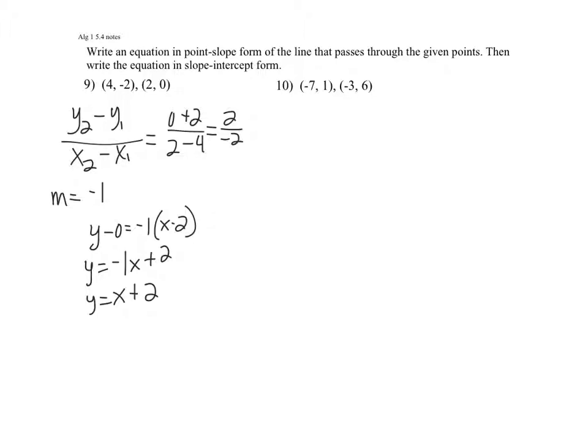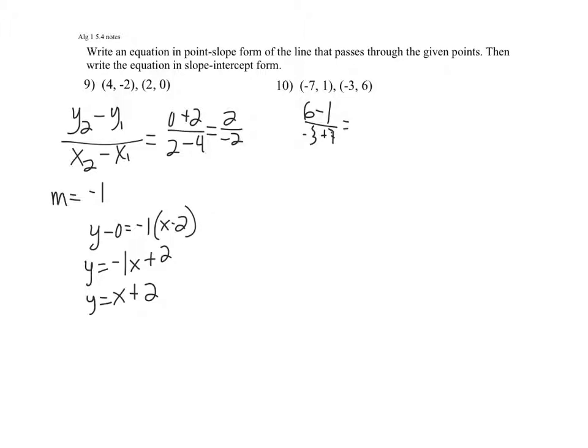All right, so number 10, let's do our slope first. So we are going to have 6 minus 1 over -3 minus -7, so that's going to be -3 plus 7.